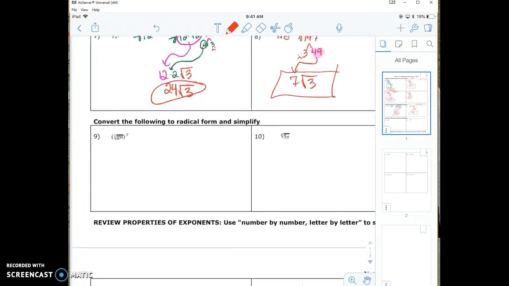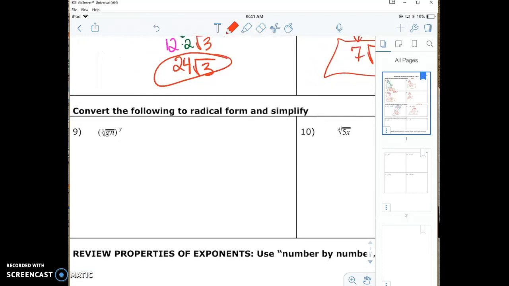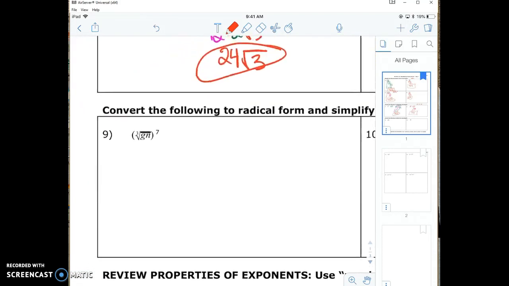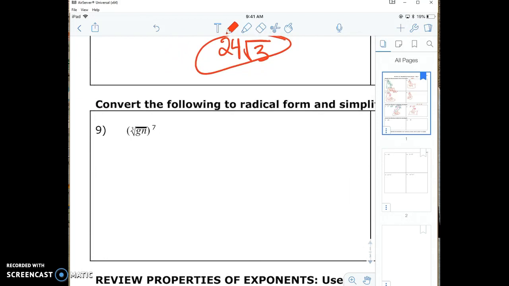Okay, now let's do it the other way around. Number 9, I have the cubed root of g times n to the 7th power. Okay, if I write this in exponential form, it's already in radical form, I'm going to have g times n to the 7th power, and remember the index becomes my denominator.